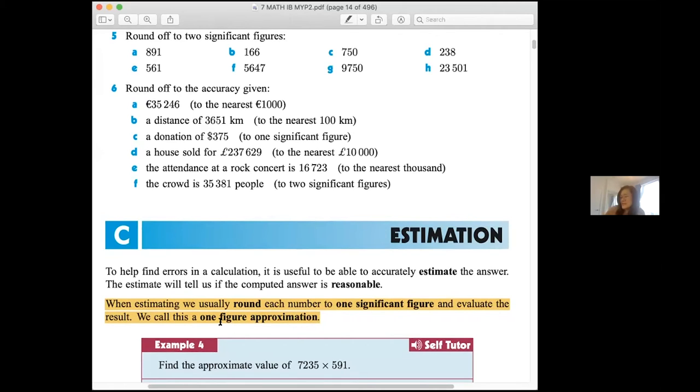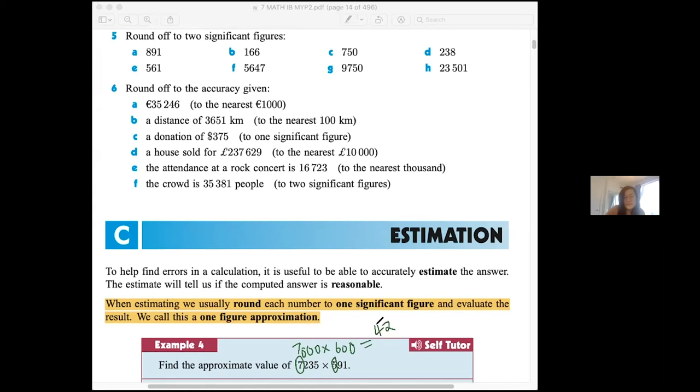I'll do example 4. I'm gonna round each one to one significant figure. Round this one to thousands. I round this one to the first one, which is hundreds. So I'm gonna look at the second, which is a 2, so I round it down. That's 7,000. Next one, that's a 9, so round it up to 600, which gives me a 42.